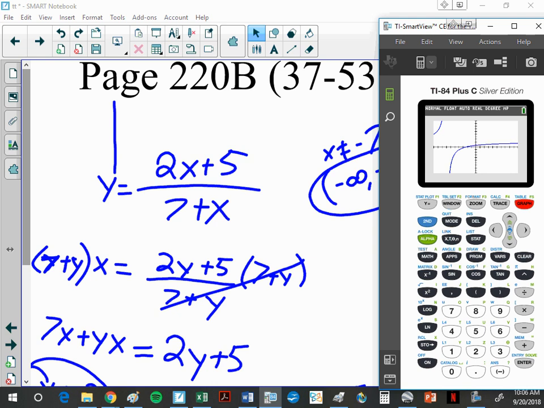So I know that x cannot equal negative 7.